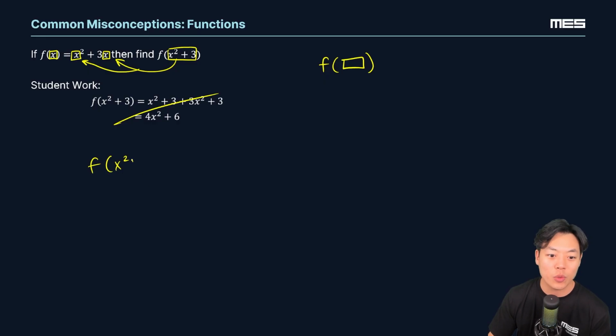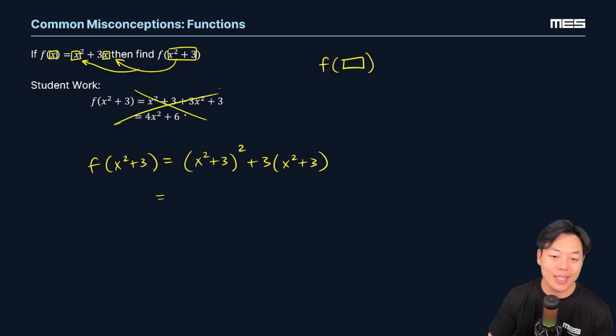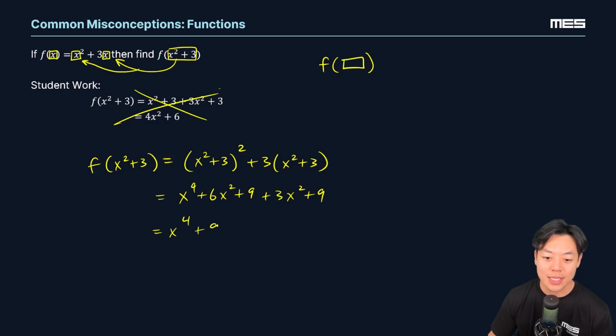We'll have f of x squared plus 3, and that will be all of x squared plus 3 squared plus 3 times that x squared plus 3. And that becomes a whole other thing that's not this right here. So this becomes x to the 4th plus 6x squared plus 9 plus 3x squared plus 9. And in the end, we have x to the 4th plus 9x squared plus 18.